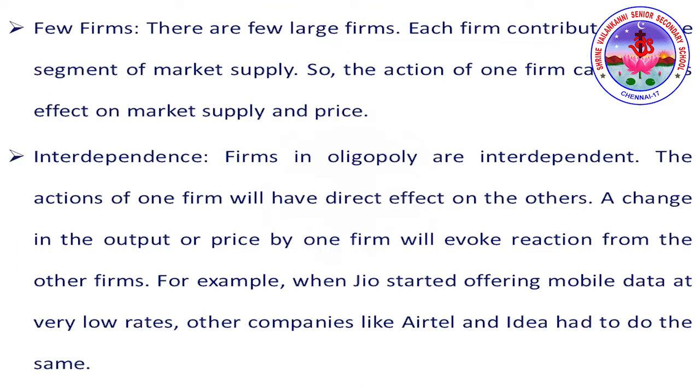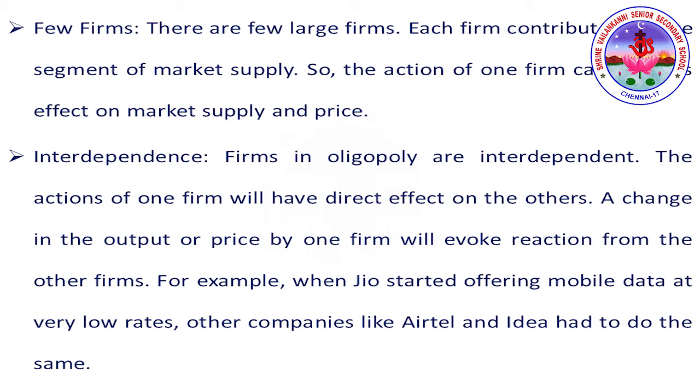Few firms: there are few large firms. Each firm contributes a large segment of market supply, so the action of one firm can have its effect on market supply and price. So under oligopoly, there are few large firms. The exact number of firms is not defined. Each firm produces a significant portion of the total output.